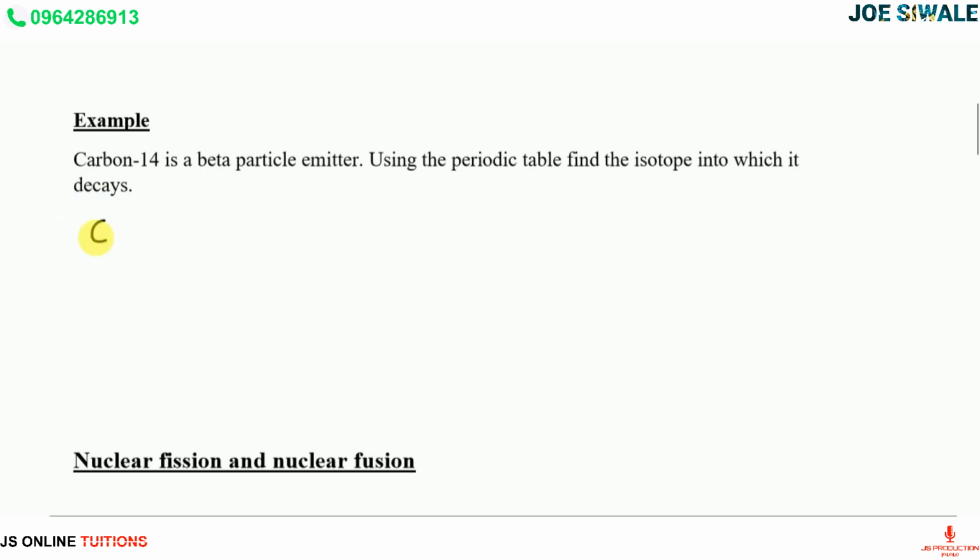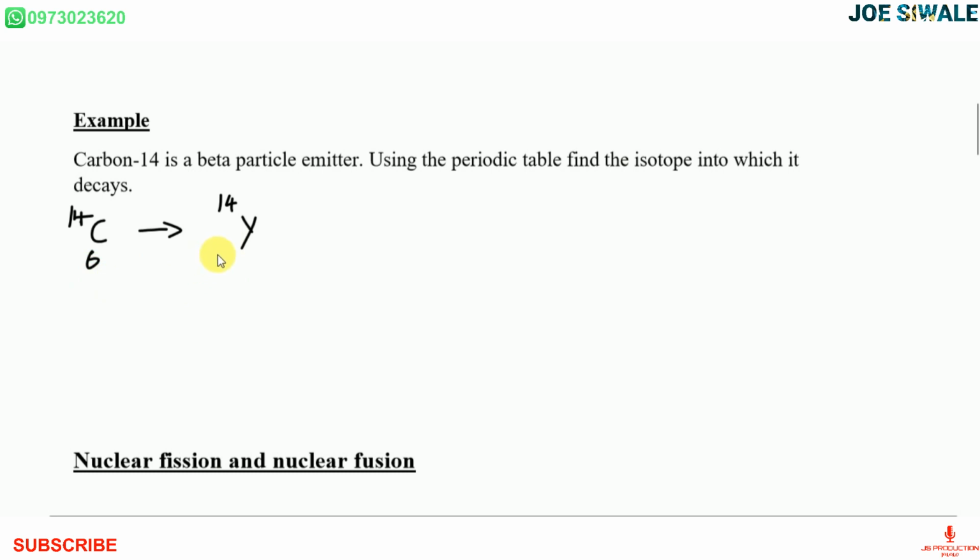carbon, the atomic number of carbon is 6, and we know that carbon 14 is one of its isotopes. So we have carbon, which has the mass of 14 and the atomic number of 6. So if this emits a beta particle, we know that the daughter nuclide's mass will remain the same, which is 14, but the atomic number, which is 6, will increase by 1.